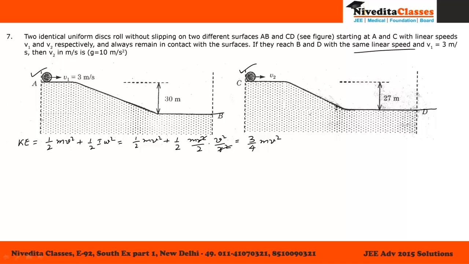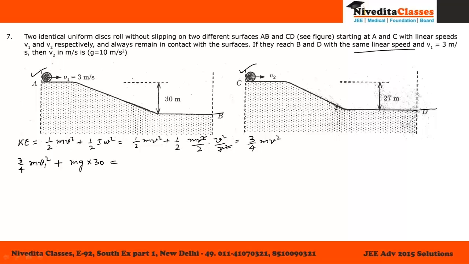Now let's compare the energies of disk A and the disk which is rolling from point C. Disk 1 will have 3 by 4 m v1 square as its kinetic energy, and its potential energy will be mg into the height, which is 30.